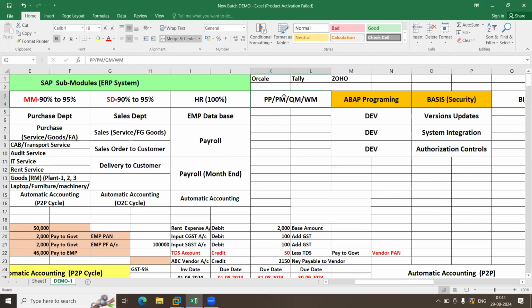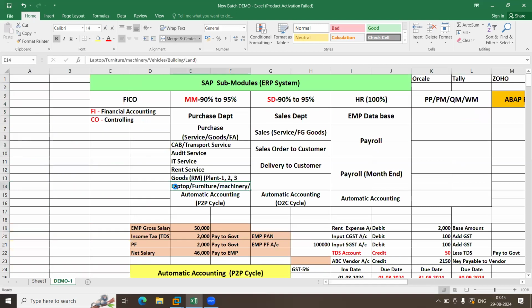There is no direct integration of all these modules to finance: plant maintenance, quality management, warehouse management. But as part of development, we'll discuss a little bit of integration for these modules also.